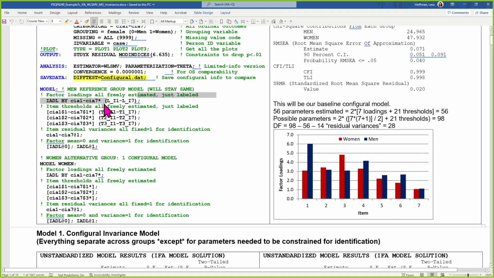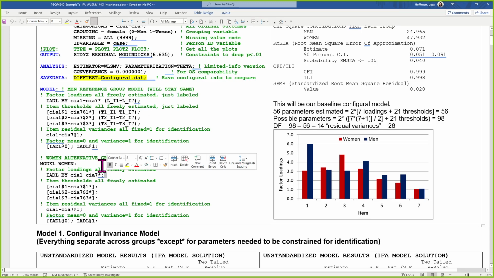So I was pointing out that all of the parameters that we're eventually going to constrain are labeled in the men reference model. This code is going to stay the exact same the entire time. What's going to change is layer by layer, we will attach the same labels used up here in the reference group to the alternative group.